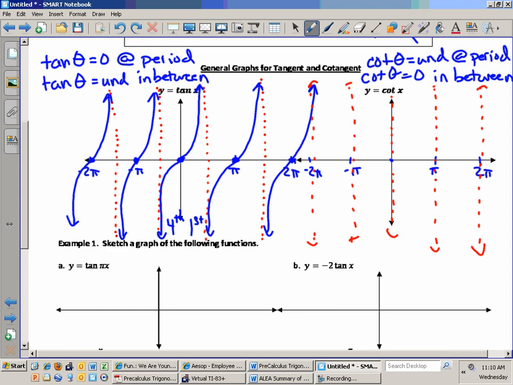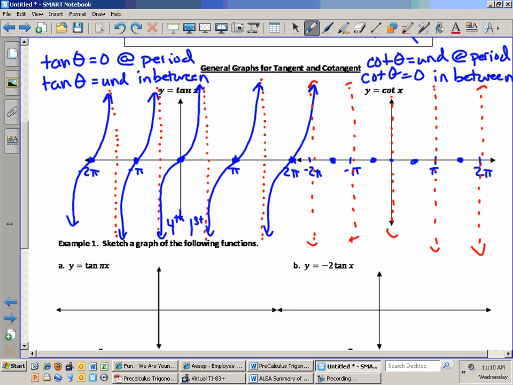And cotangent is equal to 0 halfway in between. So I can plot where it goes through 0 halfway in between, just like so. Now, if you think about it, they're reciprocal values.